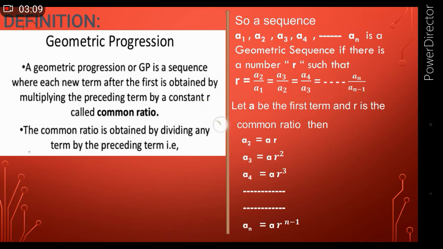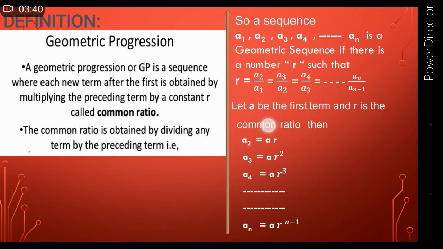And if we let a be the first term, a can be a1 as well, and r is the common ratio, then a2 is equal to ar. Why are we getting a2 equal to ar? As according to the definition, each term is multiplied with the common ratio r. This is the first term, and when we multiply it by r we will get ar, and ar is a2.